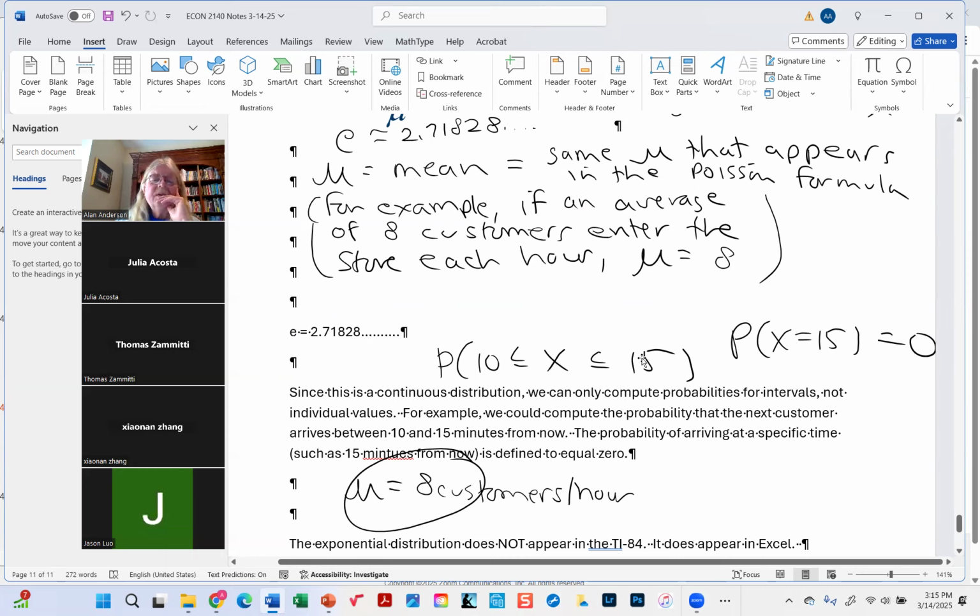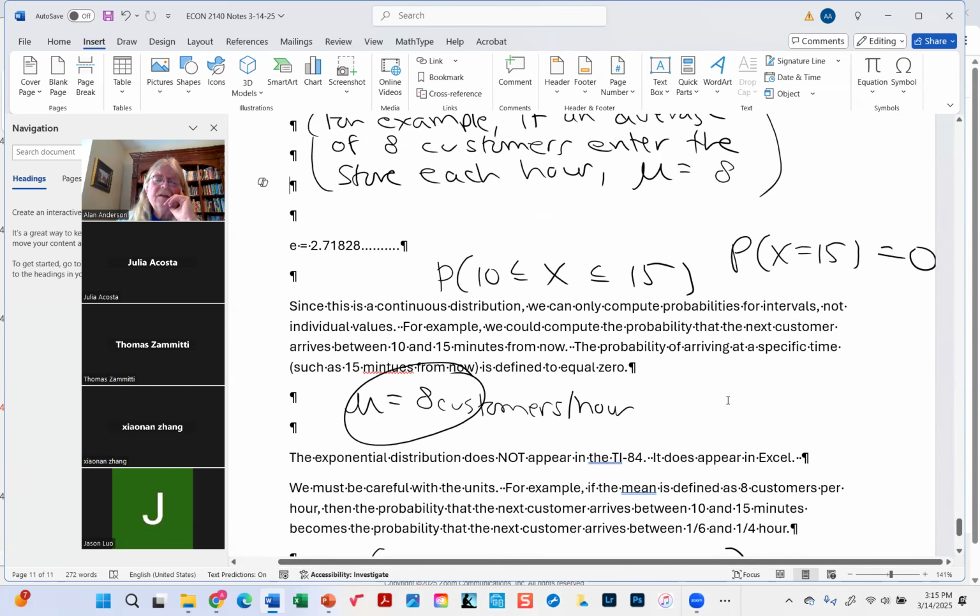Okay. And by the way, I just want to remind you that with a continuous distribution, we can only calculate probabilities for intervals. Probabilities for single values, like over here, are automatically equal to 0. So we're always using intervals. And so now the only thing we have to watch out for is this.